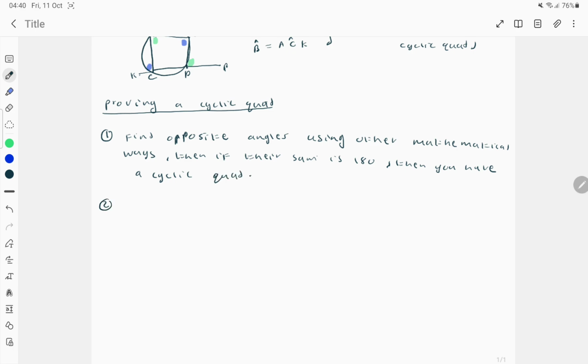And then number 2, another way you can prove that something is a cyclic quad: you find the opposite angles.